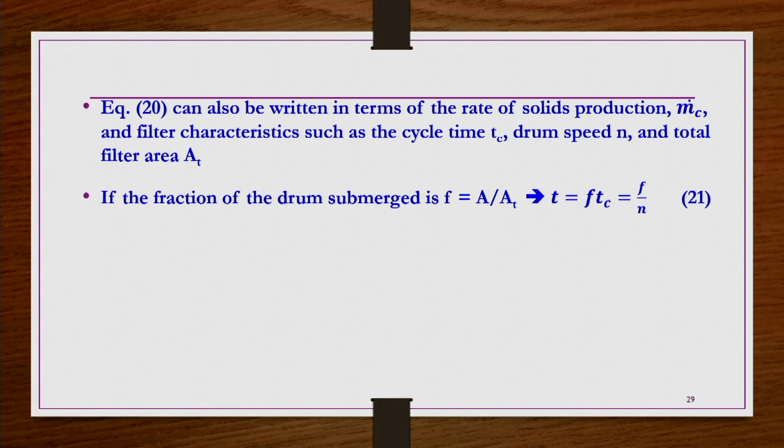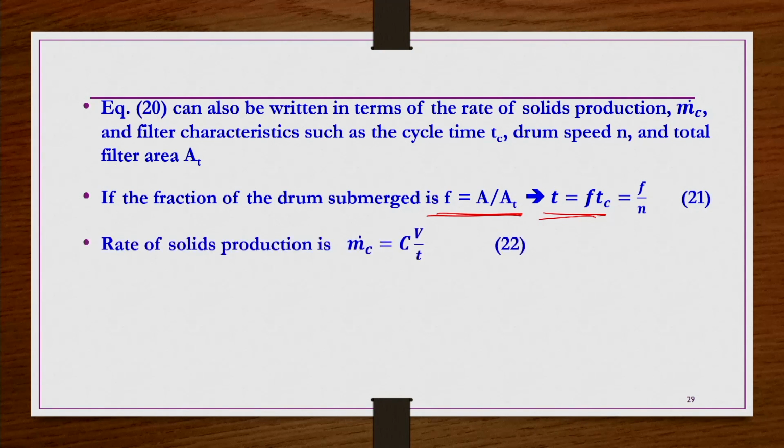If the fraction of the drum submerged is f, then A by At is nothing but f. Then the cycle time tc multiplied by f is nothing but t, which we can also write as f by N, where N is the drum speed. And m dot c, for this kind of continuous process, we already know is c V by t.